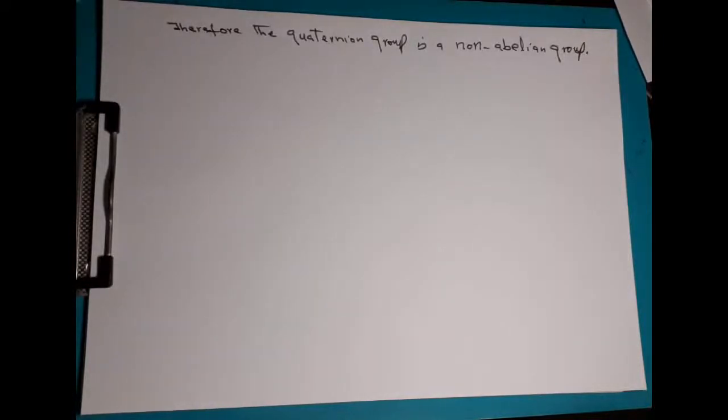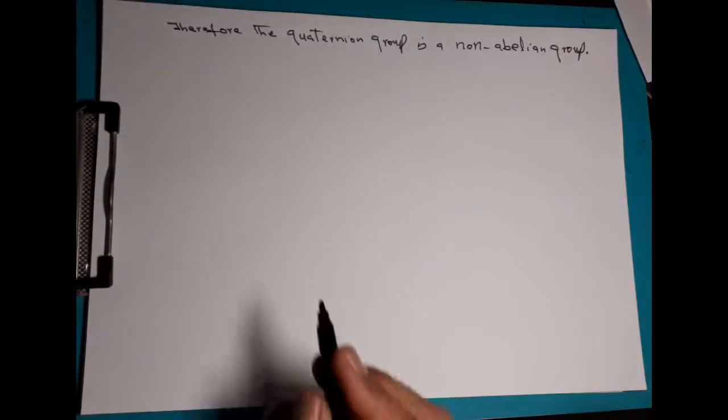Another example, you know about bijections. If we are given a set, then one-to-one and onto mappings of that set onto itself is called a bijection.